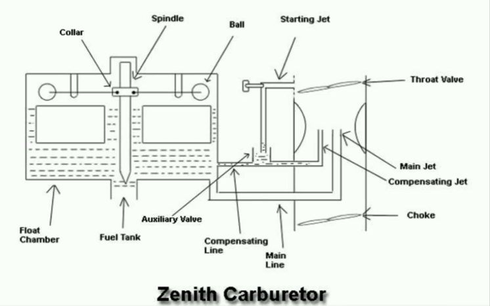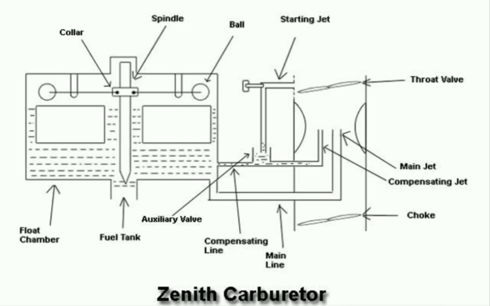Now if we talk about working at the time of starting, right? At the time of starting, the throttle valve is almost at the closed position. There is very little gap for the air to pass in the throttle valve at the time of starting. For starting, a rich mixture is needed by the engine.